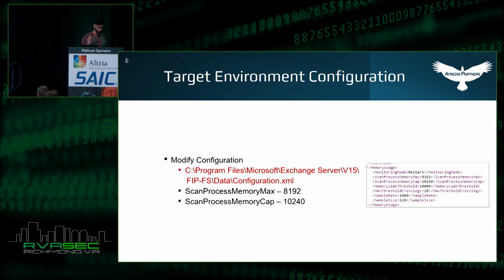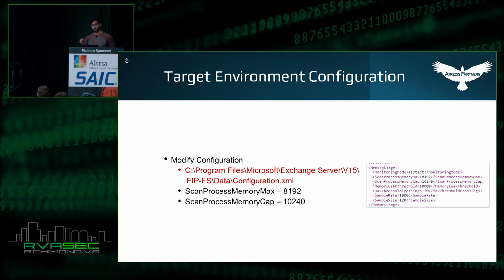Now, if you recall earlier the downsides of using page heap, this is it. When we set everything up, and then we turned on page heap, and we were sending in our test cases, this scanning process was running out of memory.